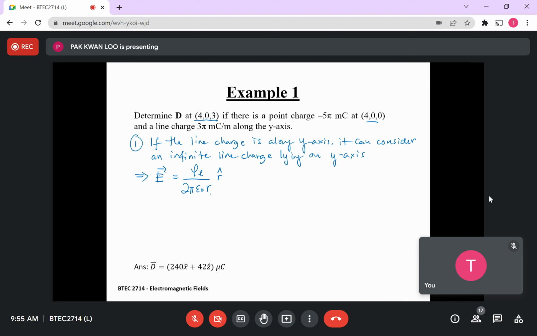So imagine that you have a line like this, and this is your line charge, right?